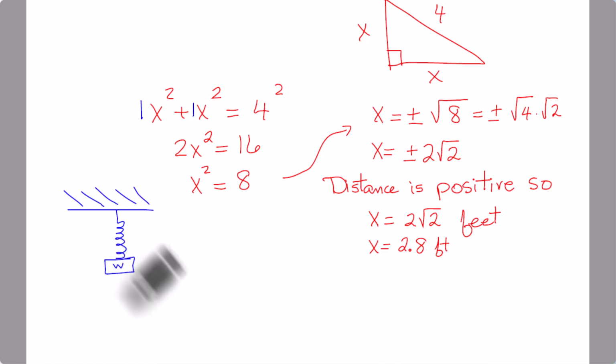I'll put W for weight. Now, wherever this thing stops hanging, we call 0. And if I stretch this, well, what's going to happen? When I let go, it's going to go boing and go up and down and keep going up or down.